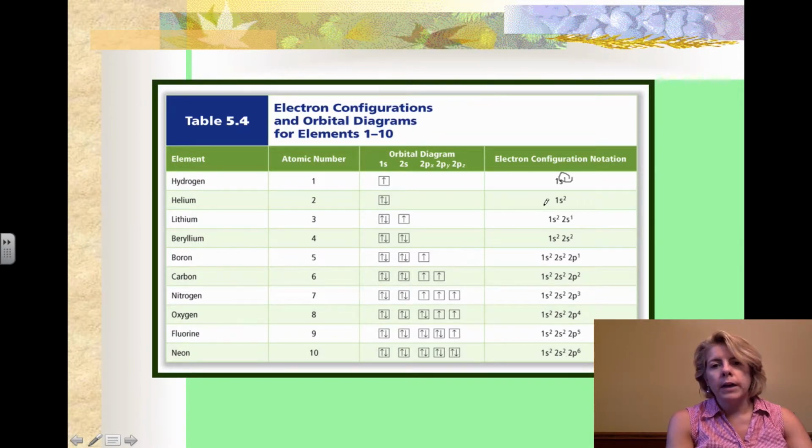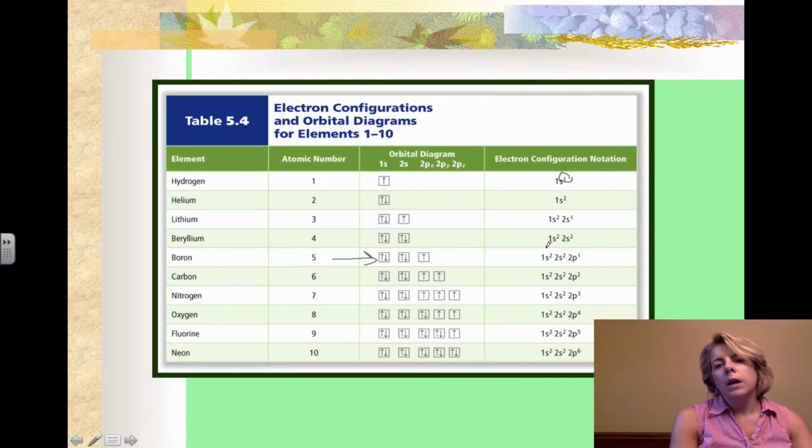Now, notice that we keep increasing the number of electrons as we keep moving across the periodic table. Here we have boron. So notice with the building principle, the Aufbau principle, you're putting in 1 electron per orbital, and then when you fill in each orbital, you're going to start doubling up, okay? They want to occupy the lowest energies first before we move into the higher energy levels.